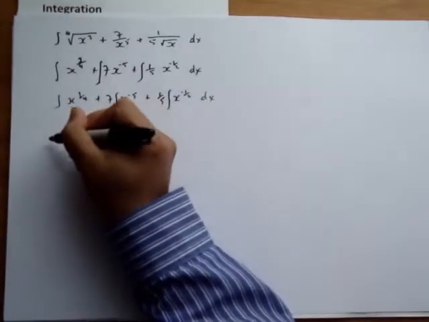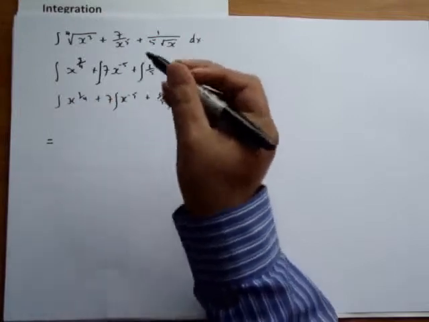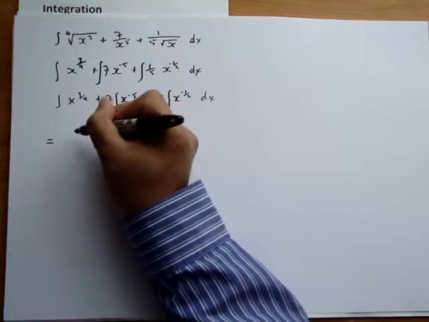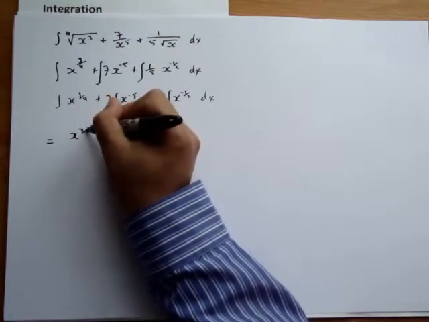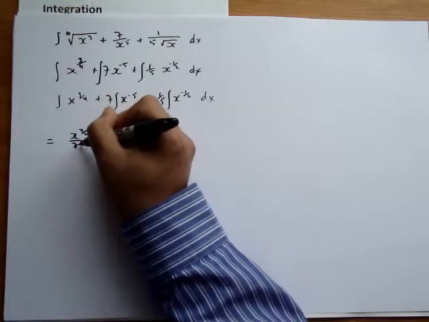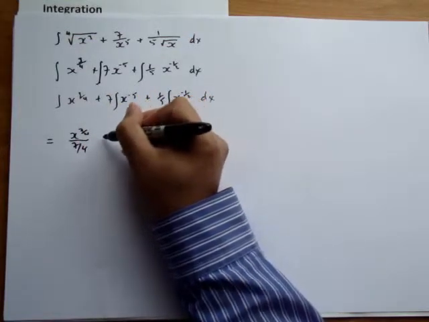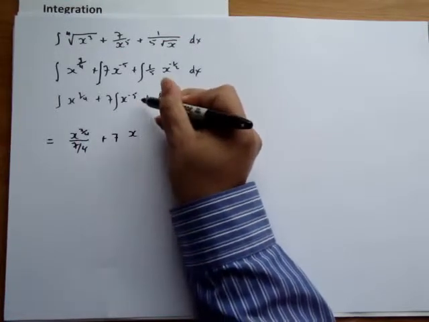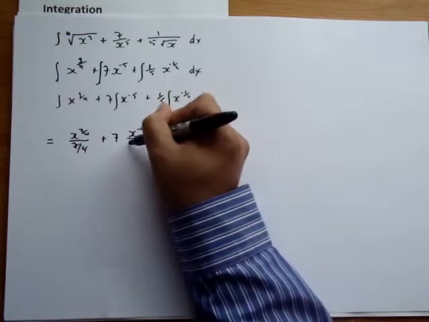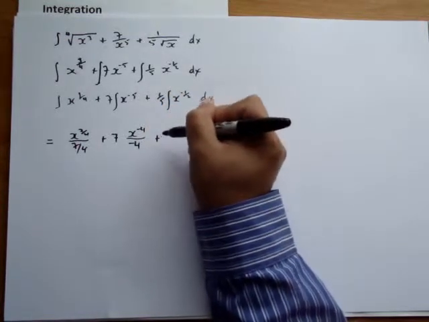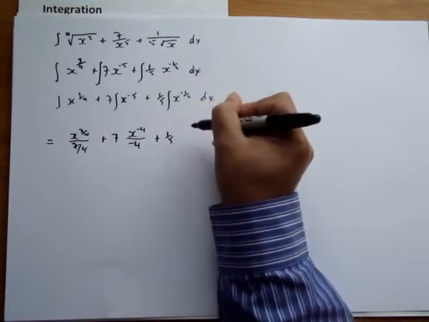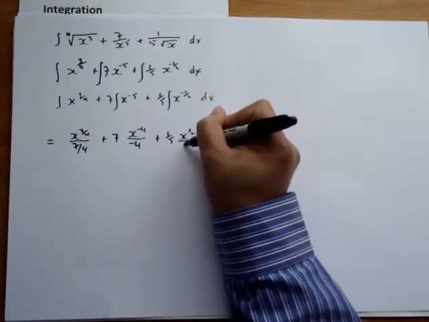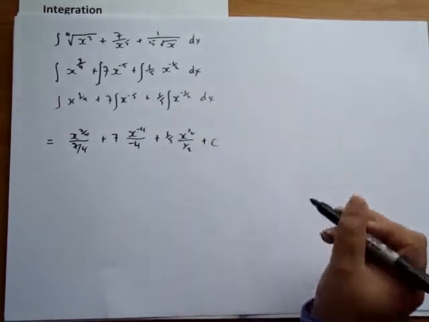Now when we integrate, 3/4 plus 1, so that's 4 over 4, becomes 7 over 4, so that's x to the 7 over 4 over 7 over 4, plus 7 x to the minus 5 plus 1 is minus 4 over minus 4, plus 1/5 x to the minus a half plus 1 is a half, and over a half, plus c.